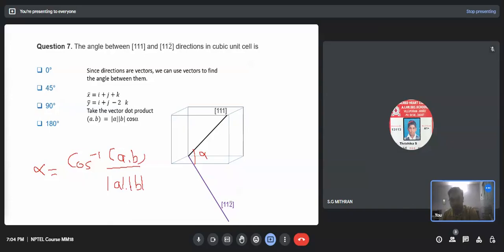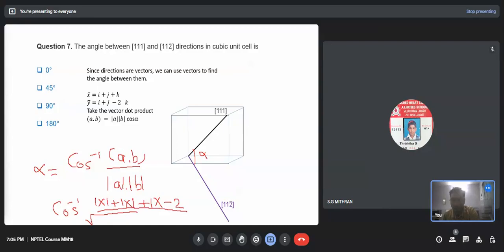So we know a dot b is the dot product. We can write it like this: cos inverse of i dot i, so 1 into 1, plus j into j, so 1 into 1, and for k the values are 1 and minus 2, so 1 into minus 2. Then we divide by mod a.